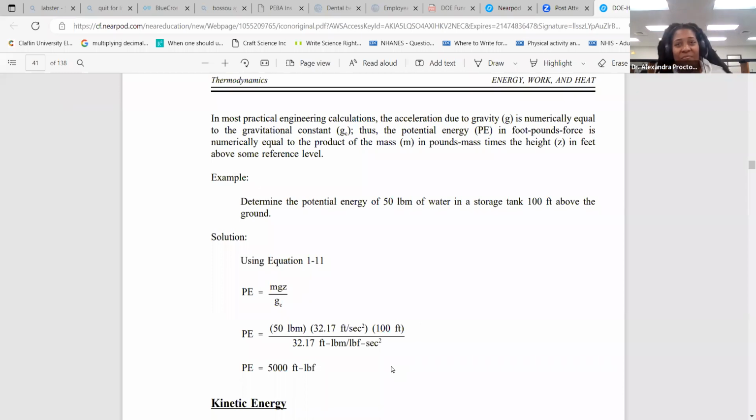That's correct. So once you plug in and solve, you wound up with 5,000 foot-pound force. 50 times 100, which is 5,000.